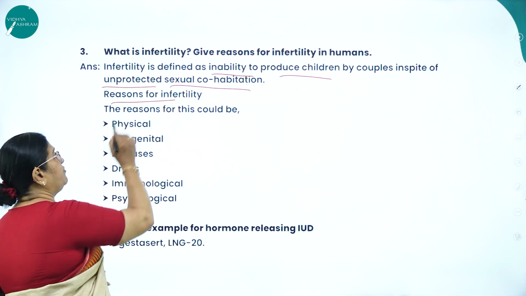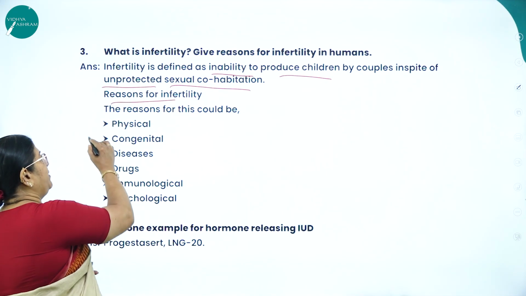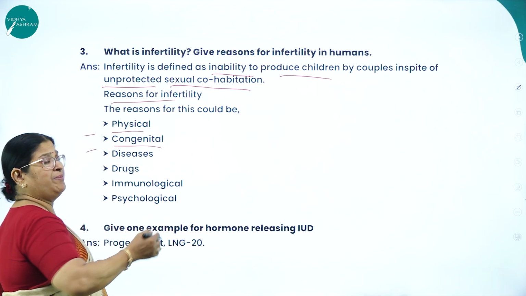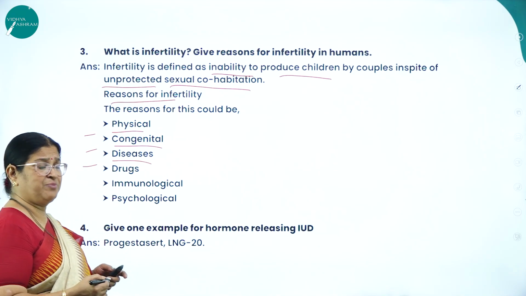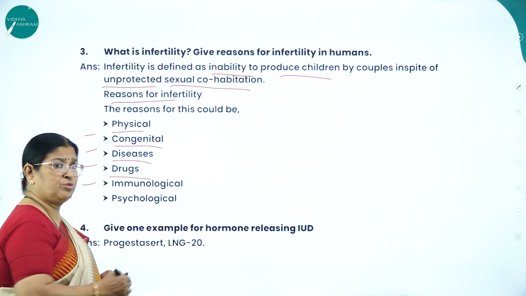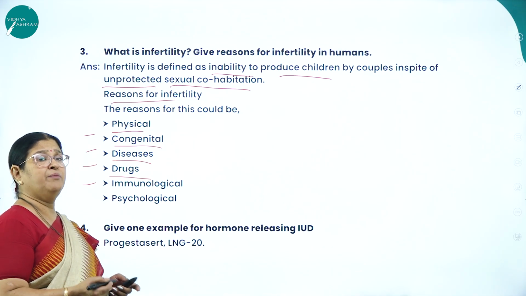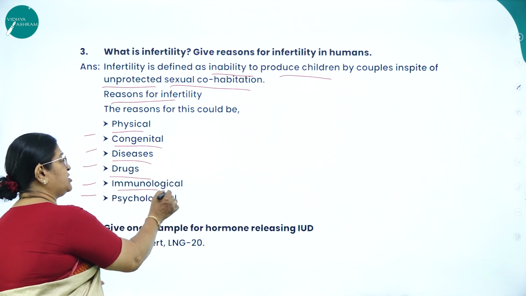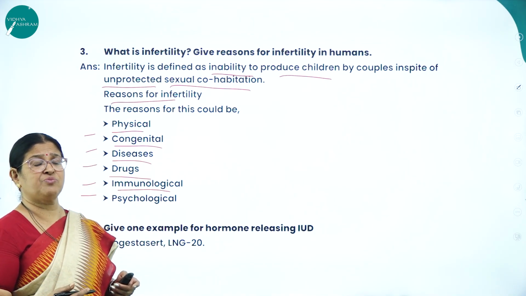Then reasons for infertility. There are a good number of reasons to quote for infertility. What might they be? Physical, congenital, maybe right from birth. Then diseases, they may be having different types of diseases, or they are prone to drugs, or they are habituated to taking many medicines, and also immunological. By birth their body is very weak, or the immunity level is very low.